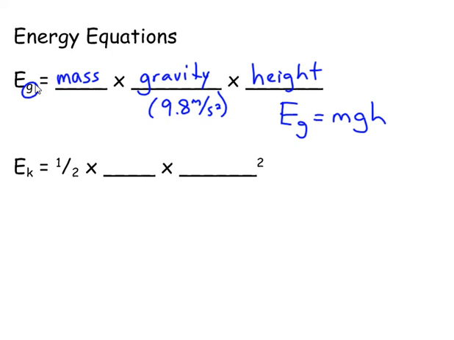Okay, the second type that we have an equation for is kinetic energy. Two things affect how much kinetic energy something has. The first is mass, again, how big it is. So this is why a freight train will do more damage in an accident than a Mini Cooper, because it's got significantly more mass.